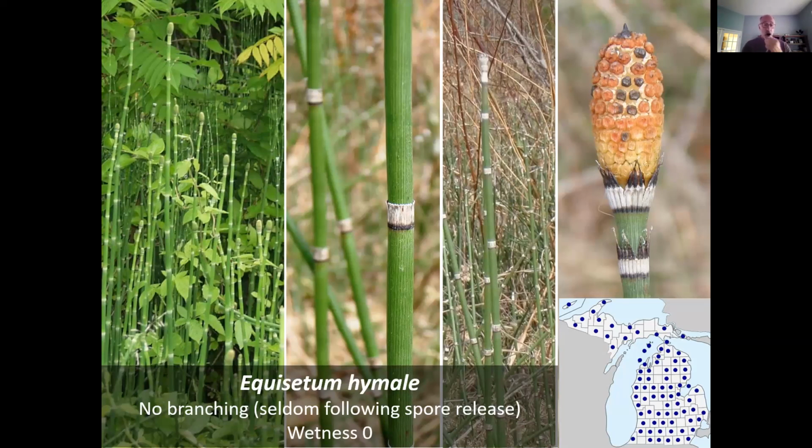This is the most common of the scouring rushes, Equisetum hyemale, and it actually does branch sometimes. I took these pictures down here in the Byron Center area, but it clearly has a strobilus. Once this strobilus dehisces all of its spores, it'll usually turn brown and literally fall off.